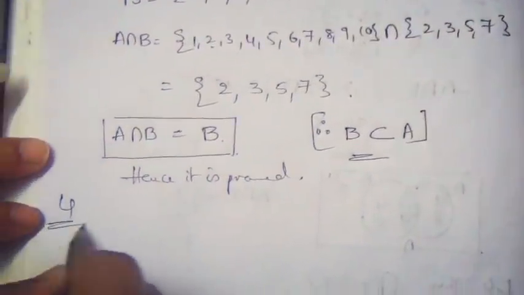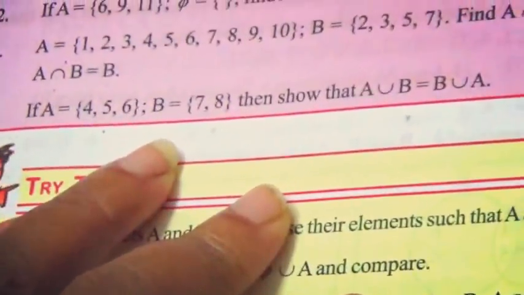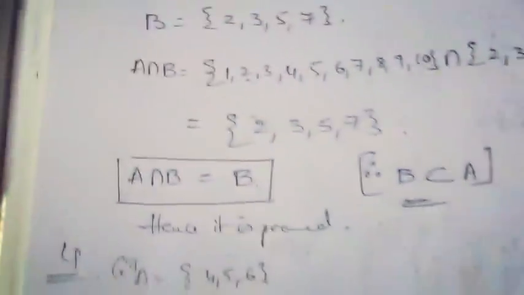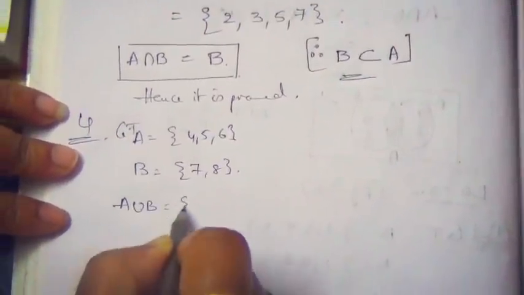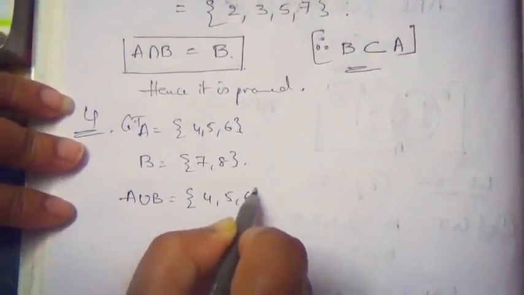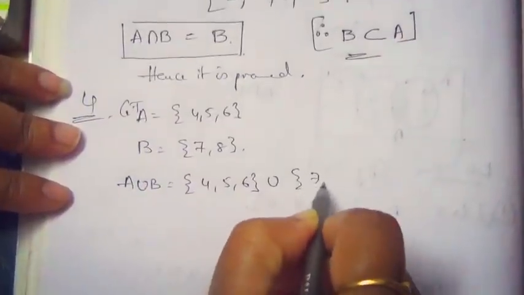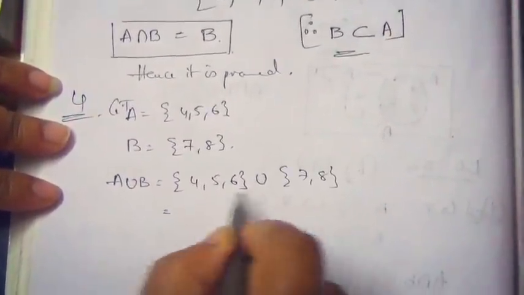So fourth sum, if A is equal to 4, 5, 6, and B is equal to 7, 8. We have to show that A union B is equal to B union A. First of all, find A union B, that is equal to 4, 5, 6 union 7, 8. What do you mean by this union?